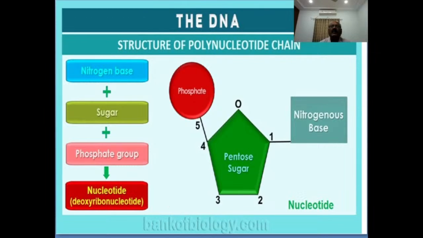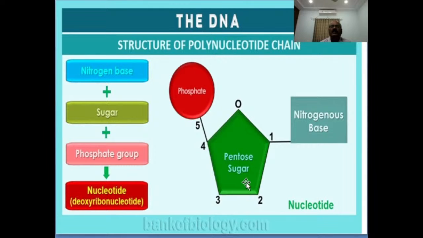Structure of polynucleotide chain. So, in the polynucleotide chain structure, nitrogen base plus sugar plus phosphate group, these 3 together form a nucleotide. You see, this is the phosphate. This is the sugar, pentose sugar.